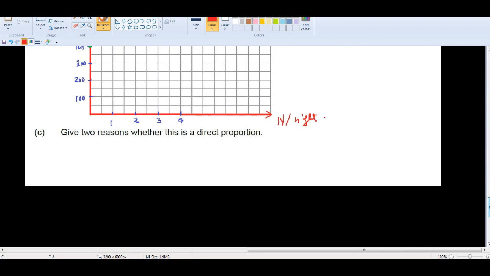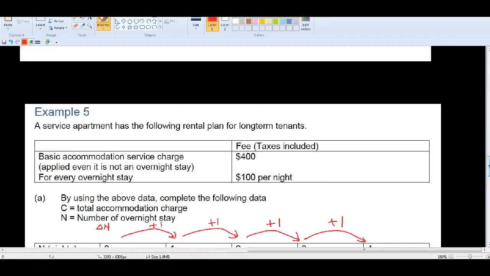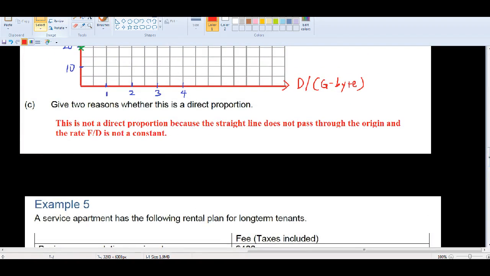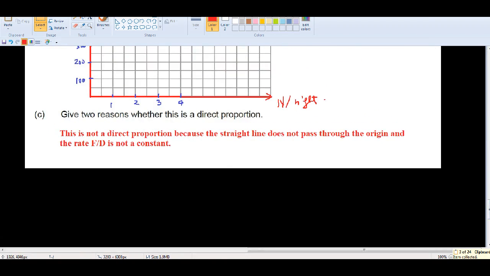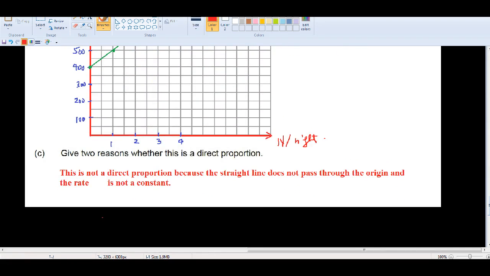And for the last part, whether this is a direct proportion, of course not. We are going to use exactly the same argument here. I'm just copying and pasting, but of course I'm going to change the quantities. It's no longer f over d, it's now c over n.